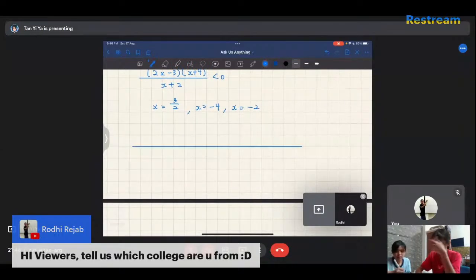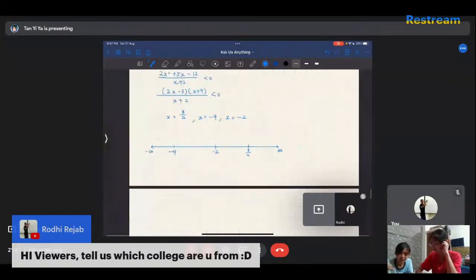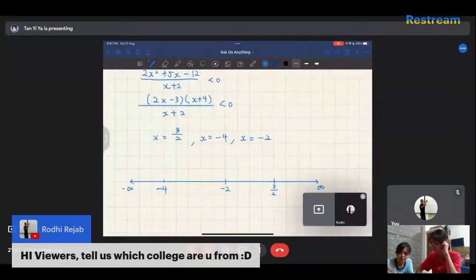Draw a number line first. You put in negative infinity and infinity at both sides. Then sub in the values from small values to bigger values. Then we copy down the equations that we got just now.